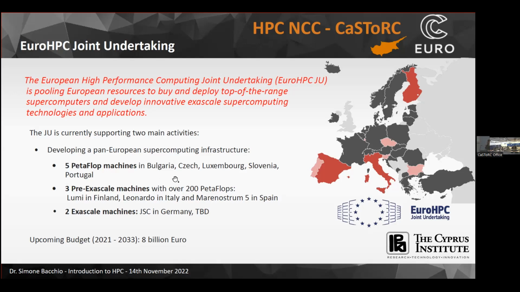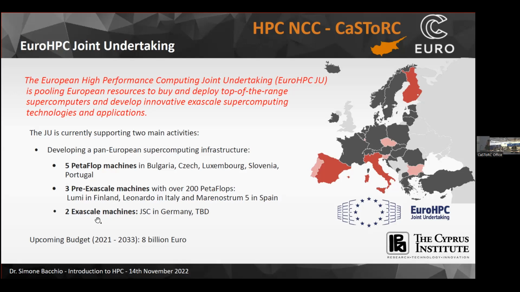These are available in Bulgaria, Czech Republic, Luxembourg, Slovenia, and Portugal. And the creation of 3 pre-exascale systems that are the largest nowadays in Europe, which are Lumi, that I mentioned, in Finland, and Leonardo and MareNostrum in Italy and Spain, respectively, that still have to come online but are being built right now. So these are systems that have on the order of 200 petaflops of performance.